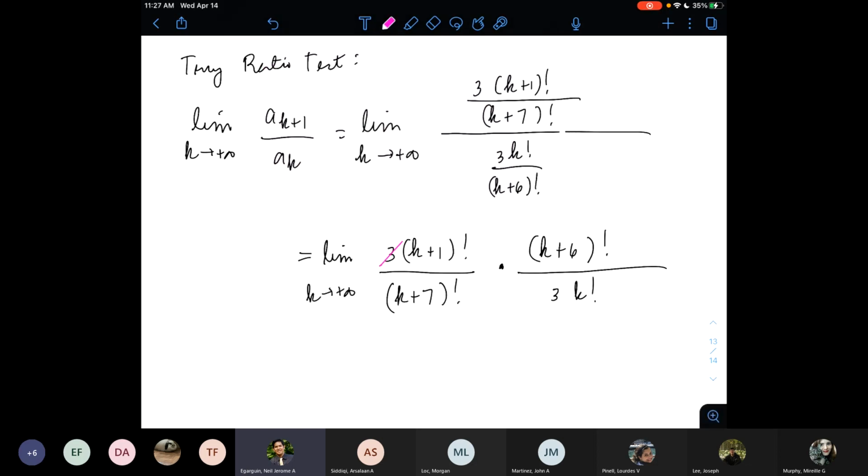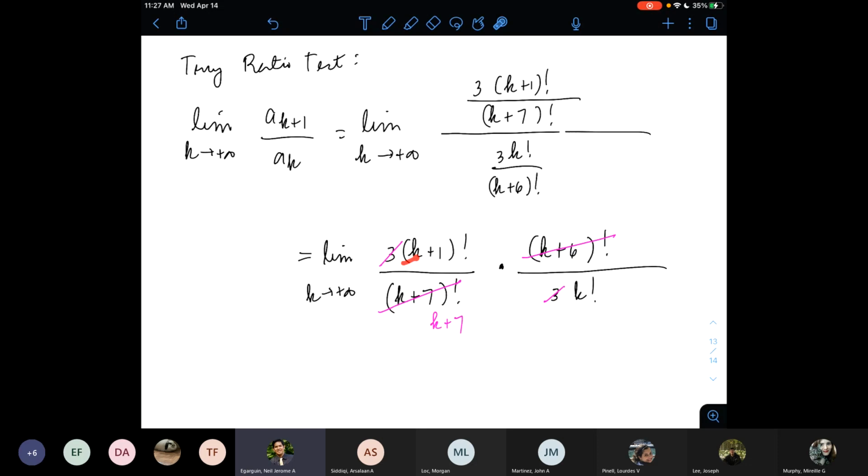Now what you see here, the 3's will cancel each other out. k plus 6 factorial will be canceled by k plus 7 factorial, with a remaining k plus 7 in the denominator. I hope you can now see the pattern there. This is the product starting from 1 until k plus 6. This is the product from 1 until k plus 7. So if you cancel those common factors, there would be a k plus 7 left in the denominator.